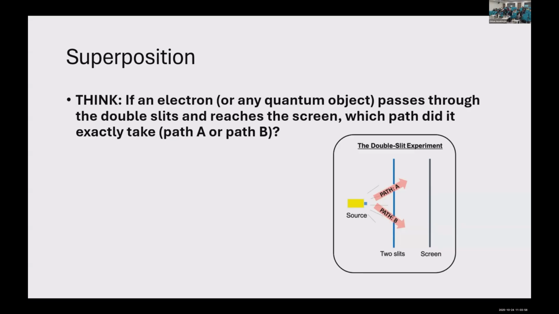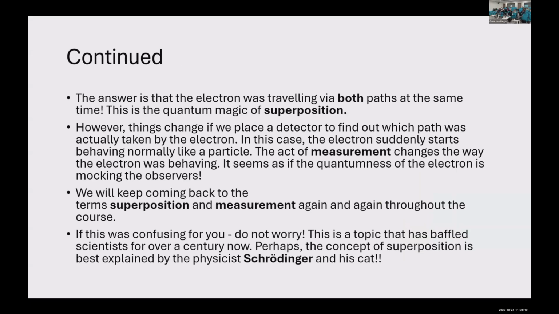Both. Why? Because of superposition. Very good answer. So the answer is that the electron was traveling via both paths at the same time. This is the quantum magic of superposition, as Malva said.